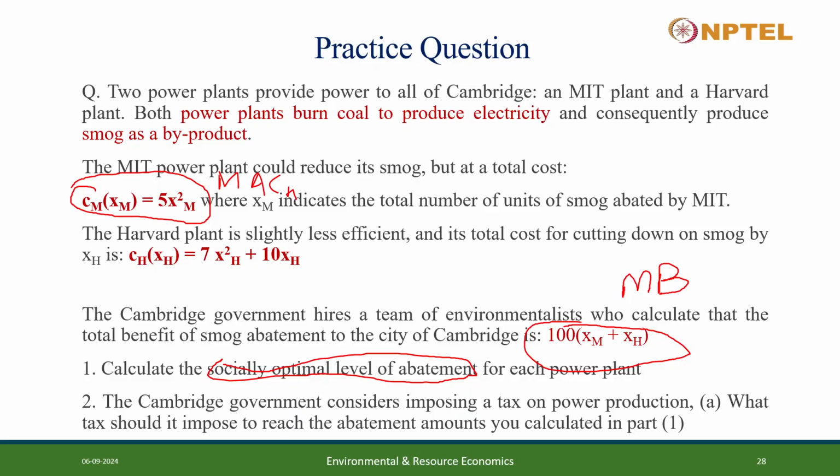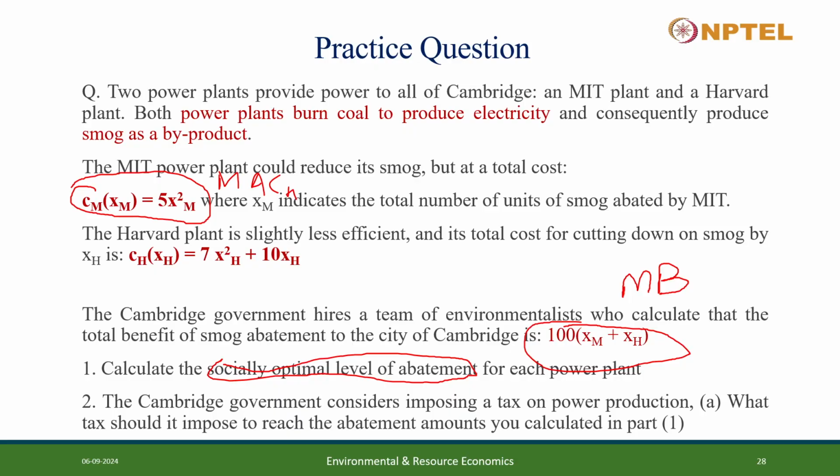The marginal abatement cost curve for the MIT plant is 5xm square, where xm is the total number of units of smoke abated. For the Harvard plant also, the cost function is given, and the benefit for overall society is given as 100 times xm plus xh, right?